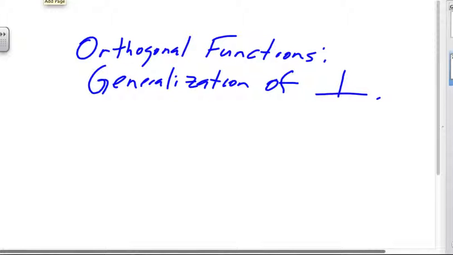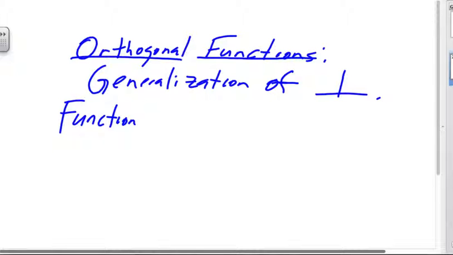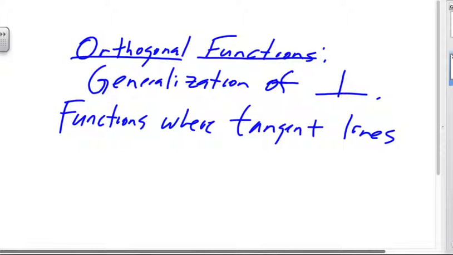Remember we talked about several times perpendicular lines are ones where their slopes are negative reciprocals. So orthogonal functions are basically functions where the tangent lines are perpendicular.